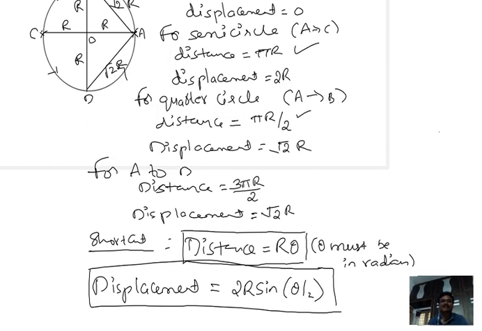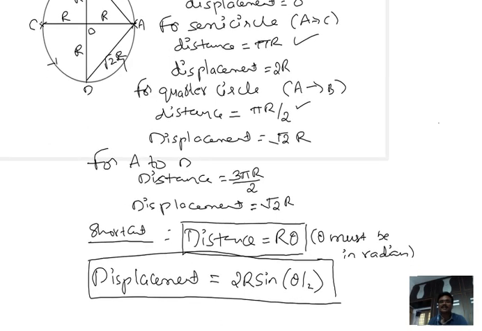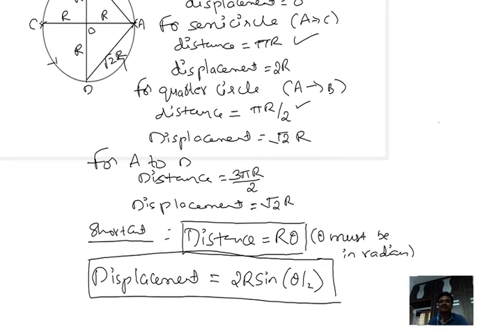For quarter circle, the angle is pi by 2, theta by 2 is pi by 4. Sine pi by 4 is 1 by root 2, and with the 2 there, you get root 2 r. For 3/4 also it is the same, you get root 2 r. So these are the distance and displacement values we can calculate by the shortcut in circular motion.